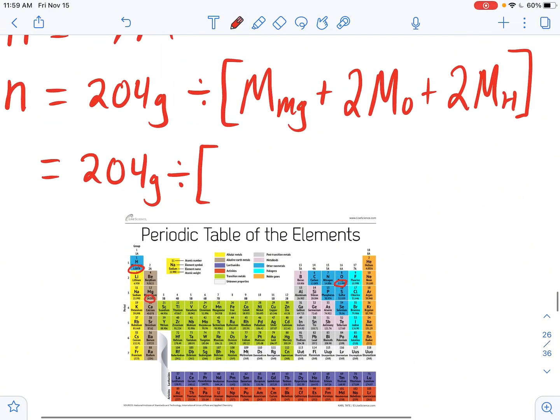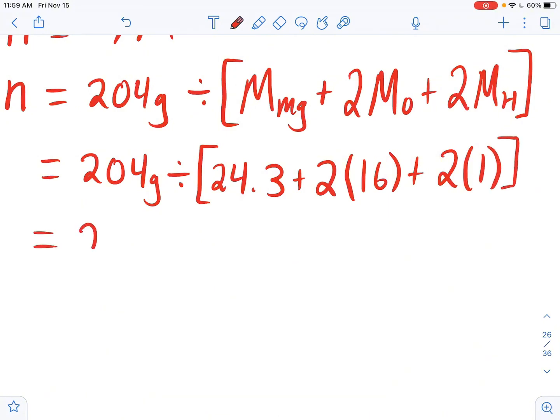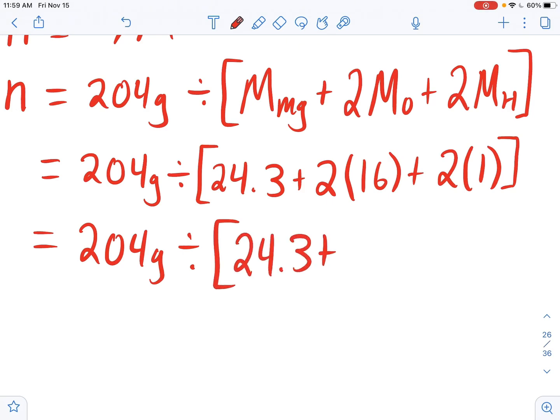So the molar mass of magnesium, remember, 24.3 plus 2 times the molar mass of oxygen, which was 16, plus 2 times the molar mass of hydrogen, which is 1. And now if we do the math, it's 204 grams divided by 24.3 plus 2 times 16 is 32, plus 2 times 1 is 2.